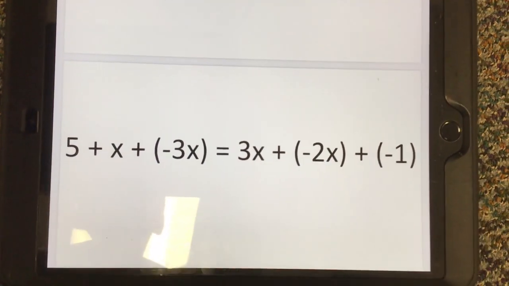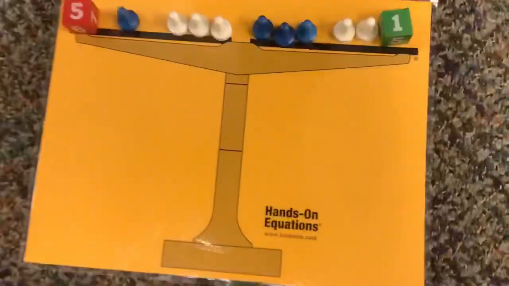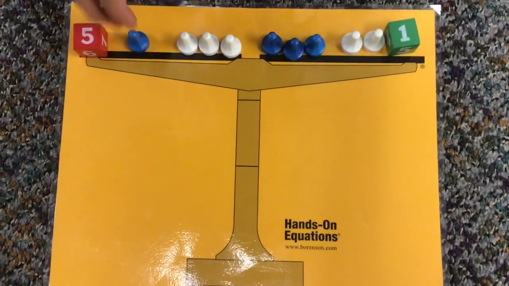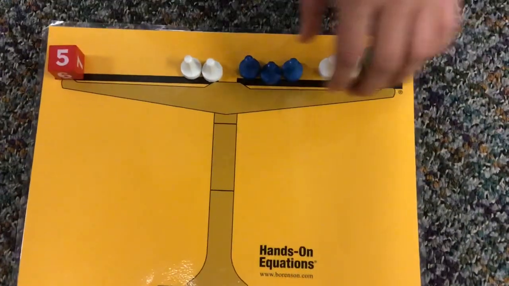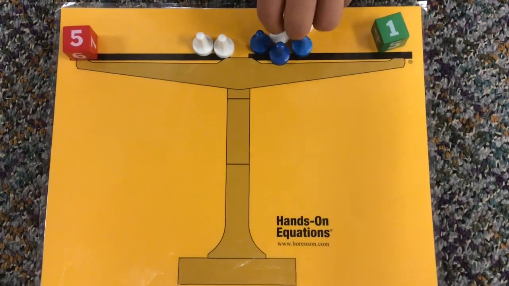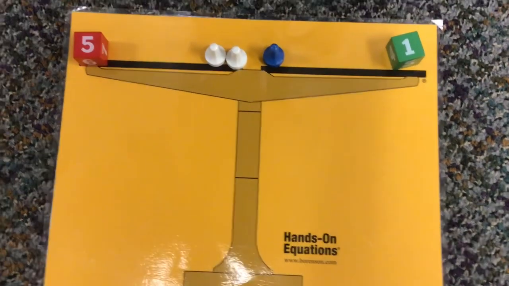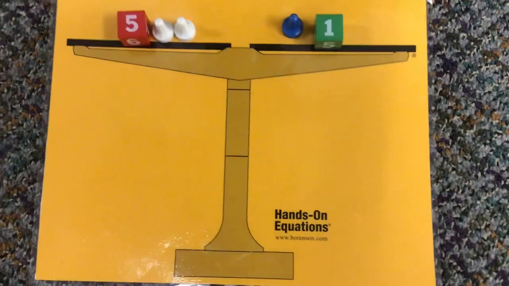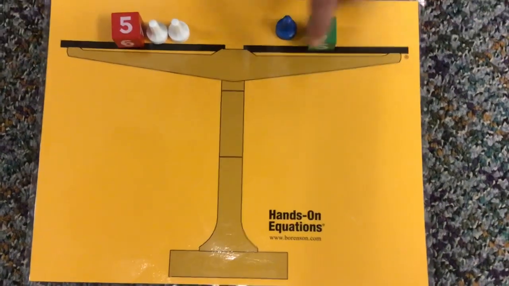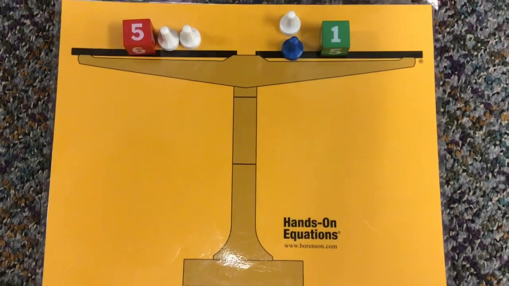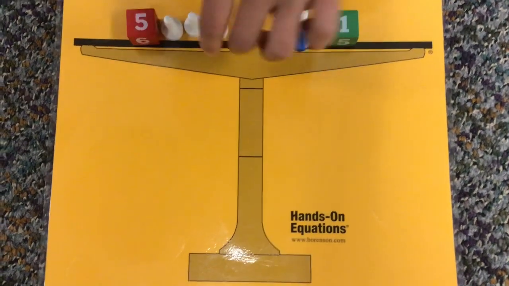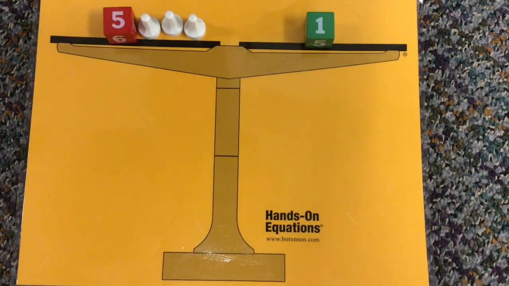Next problem is 5 plus x plus the opposite of 3x equals 3x plus the opposite of 2x equals negative 1. So first of all, I'm going to be taking away the ones that make a pair of 0. So these ones would make a pair of 0, and these ones would make a pair of 0. So I'm going to take those away. And then I want to get rid of this one, so I'm going to add one of these to each side, which would make this a pair of 0.